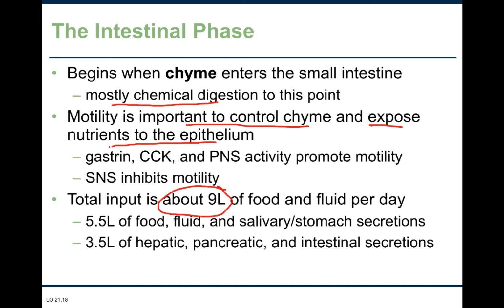Okay, over half of that is coming directly from the food you take in, the fluid, and salivary or stomach secretions. And then about a third of it is due to the secretions from the liver, the pancreas, and the intestine, and the gallbladder as well, but the gallbladder is a minimal amount. So it's a lot of stuff.